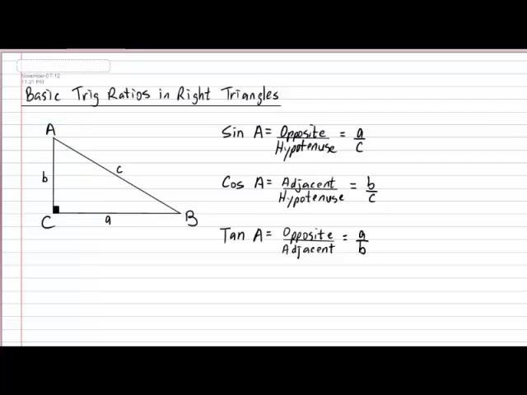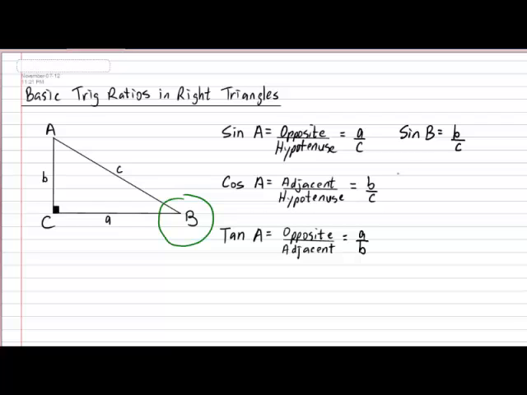Next, I'd like to investigate these same three trig ratios, but this time as they relate to angle B. If we were to say the sine of angle B, then we are in fact referring to the ratio formed by the length of the side opposite of angle B, which is denoted by the letter B in our diagram, versus the hypotenuse, which is denoted by the letter C in our diagram.